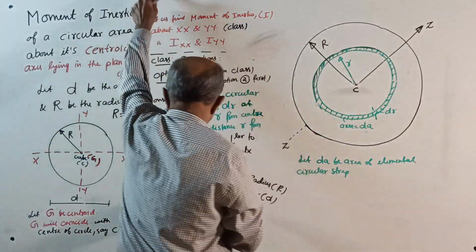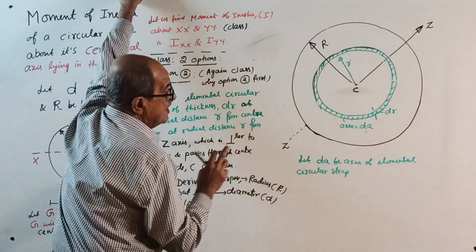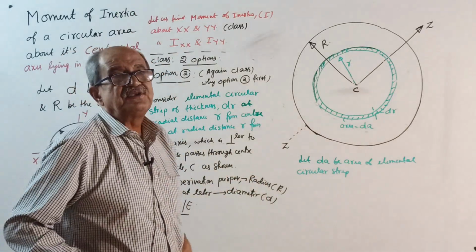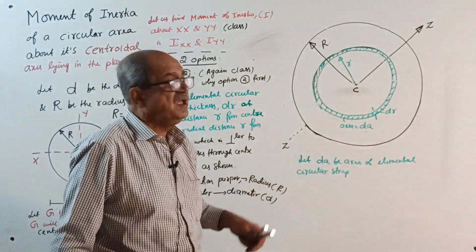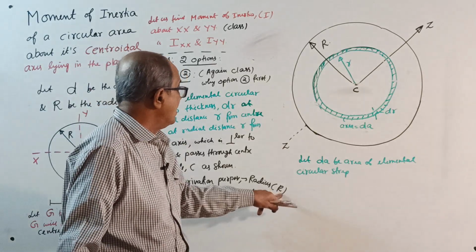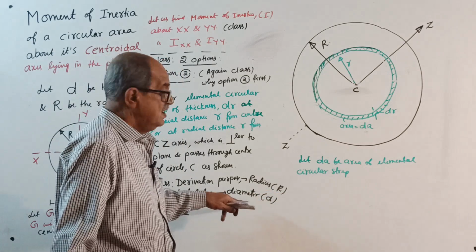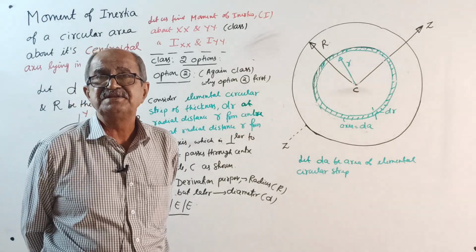Now class, for derivation purposes, radius r. I already told you, for a circle, semicircle or quadrant, when you derive, you usually consider radius capital R. But later, when you apply it, we always write in terms of diameter in structural engineering.